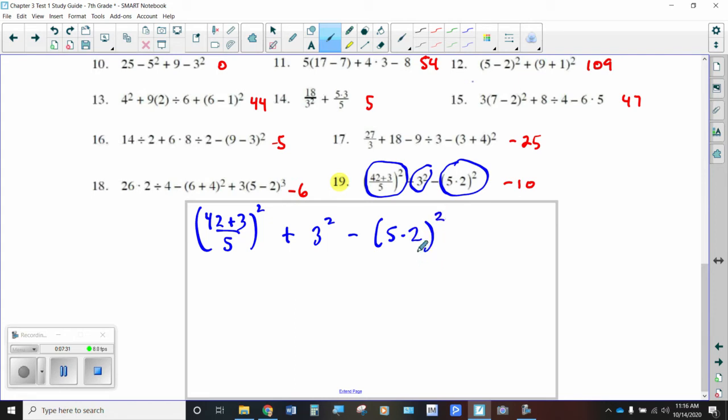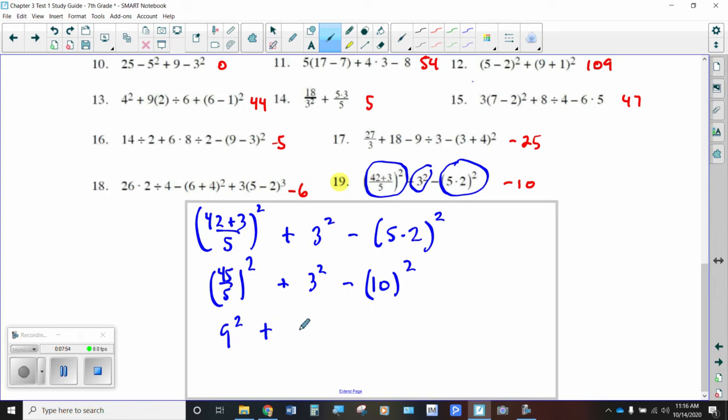All right, let's take care of what's inside parentheses first. We got to do the 42 plus 3, which is 45, and 45 divided by 5 is going to give us an answer of 9, so it's going to become 9 squared. And inside parentheses here, 5 times 2 is 10, and that becomes 10 squared.